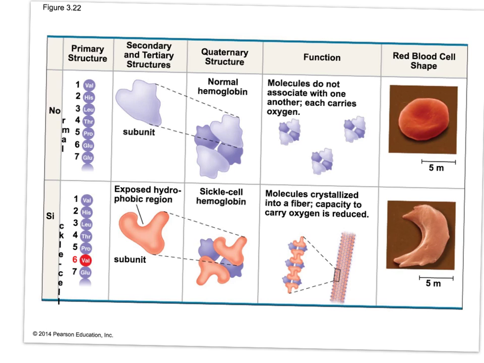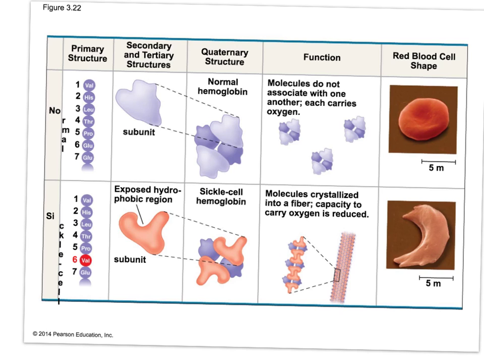Now, we change glutamic acid, or glutamate, to a valine by changing one nucleotide in DNA, and now you end up with a different structure within the subunits. The subunits come together, right? Now you have sickle cell. They interact, they clump together, and it causes a sickle cell structure of the cell.